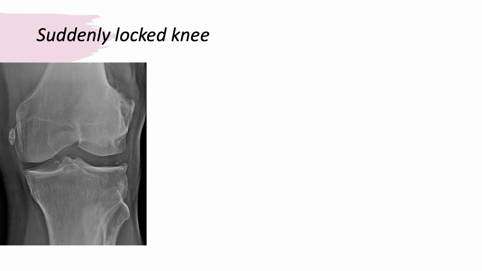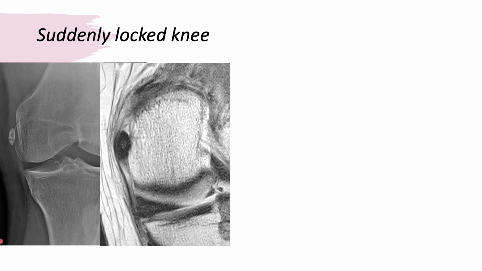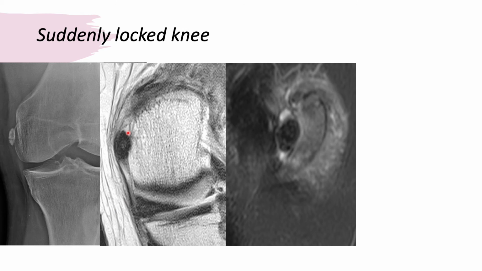Here's a recent example from what we had at work. Here's a patient with some mild medial compartment narrowing who had sudden locking in the knee. We thought he had a loose body here because he had pain here, and this was impacted behind the posterior cruciate ligament. You can see this on the MRI. You can see that there's edema around it. So we were obviously thinking that this was the cause of the locked knee.